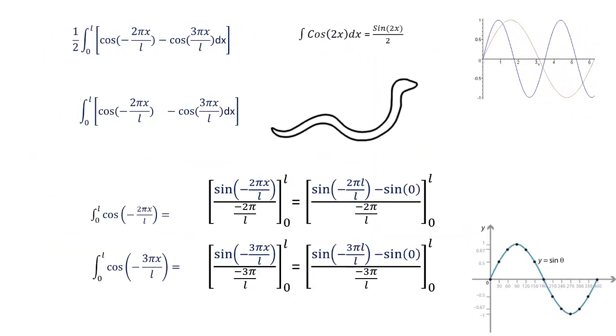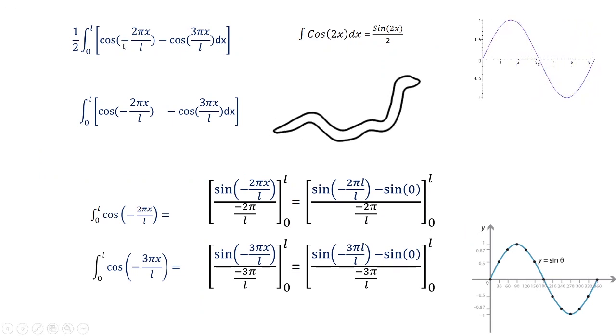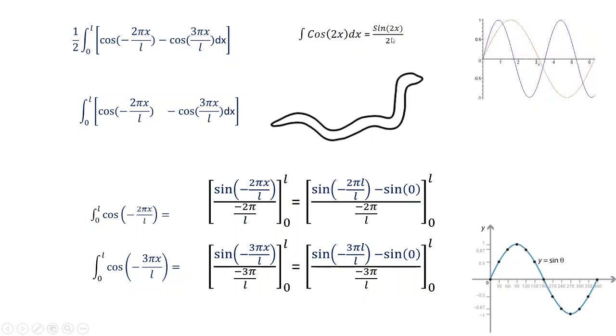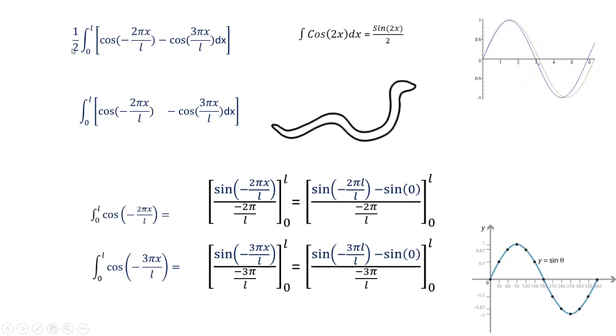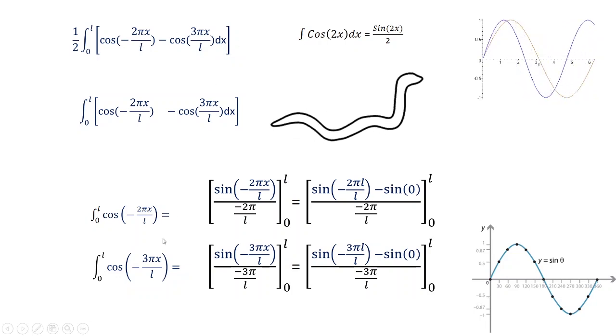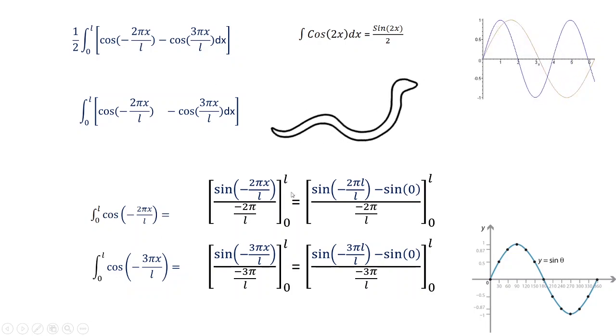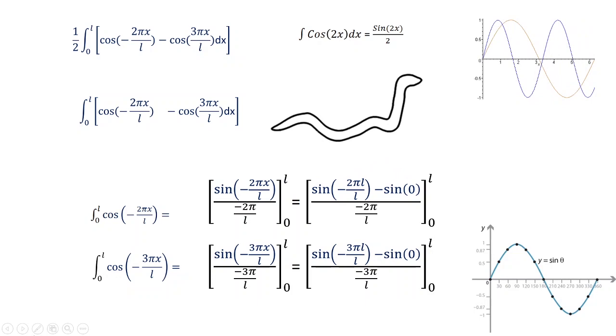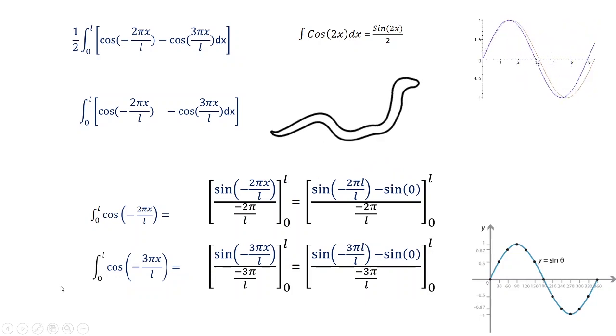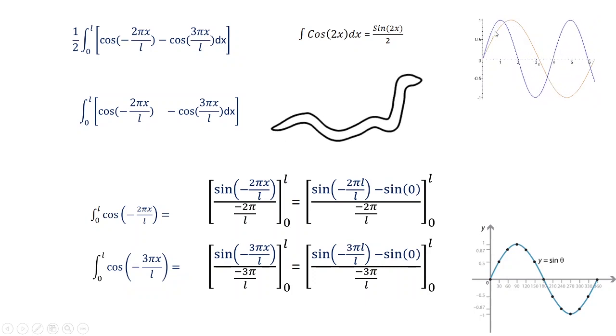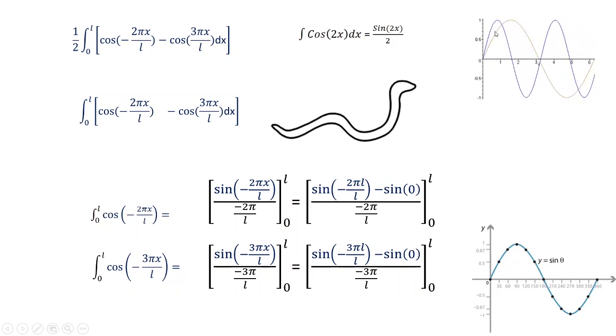Now the integration of cos 2x is equal to sine 2x by 2. If I integrate it, you can see I will integrate by parts here, and I will get this value. Again all these terms will be cancelled, because if you see the graph, just like a snake, it is starting from 0, pi, 2 pi, 3 pi, 4 pi, 5 pi up to infinity, it is 0.